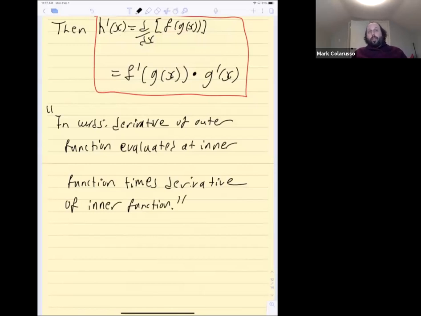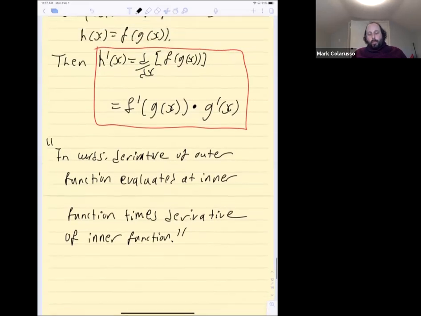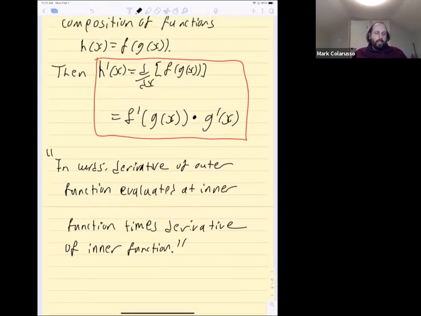Okay, so this is what's a little tricky about it. We'll do some examples and I'll talk about what the common mistakes are. In other words, to find the derivative of a composition, you take the derivative of the outermost function, evaluate it at the output of the innermost function g at x, and you multiply that whole thing by the derivative of the inner function g.